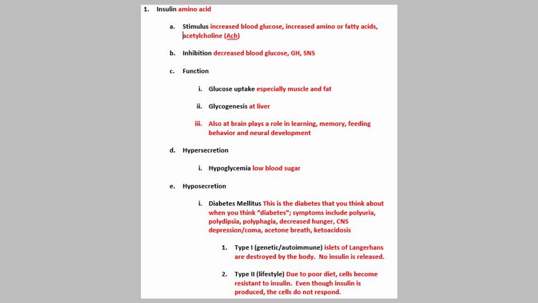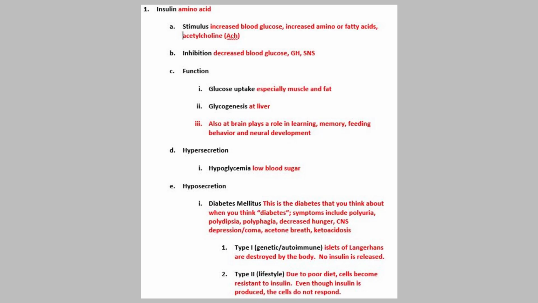Next, glycogenesis that we just spoke about. The liver will pull glucose from the bloodstream and begin to string it together to make glycogen to store it. That way later, if we haven't eaten in a while and we need some energy, we have glucose on hand in the form of glycogen.